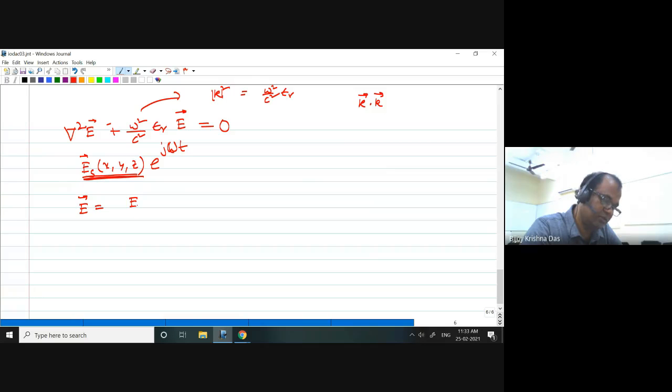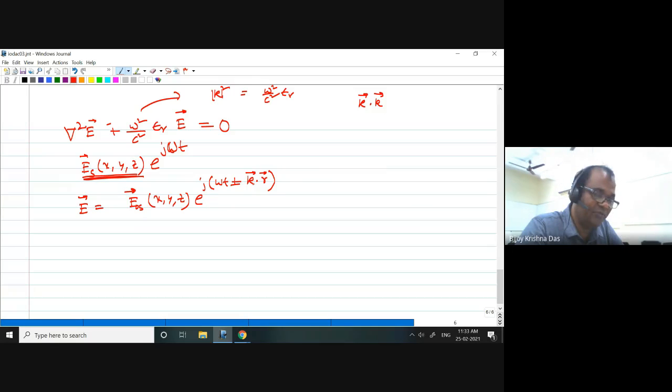So it will have some E0s vector, which can be x, y, z dependent, and e to the power j omega t, and instead of kz I can write plus minus k dot r.